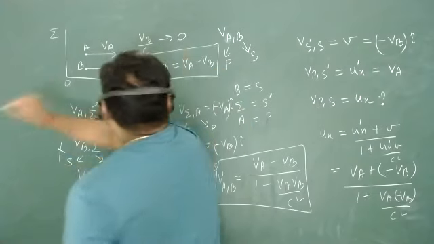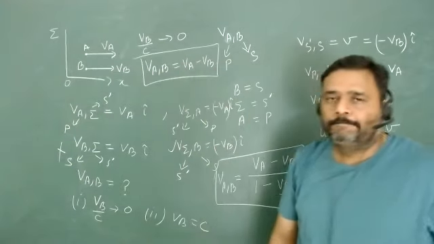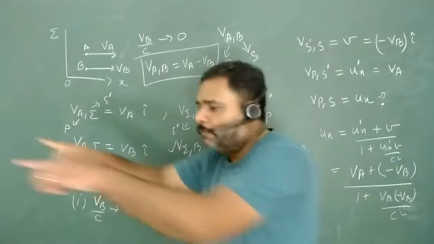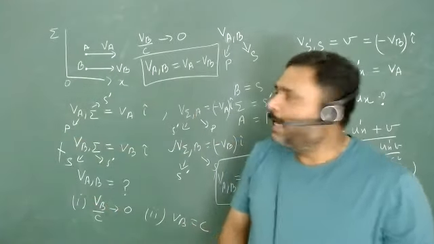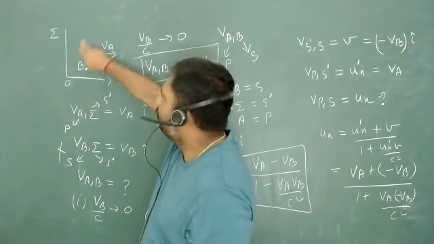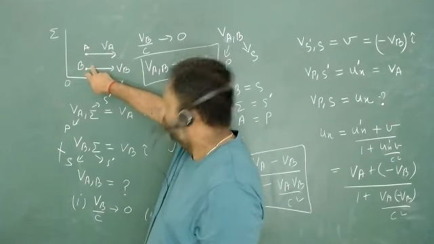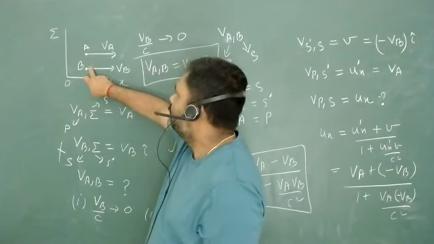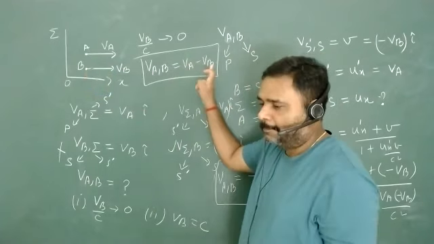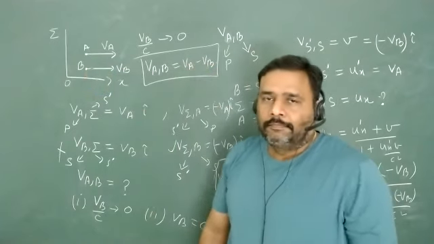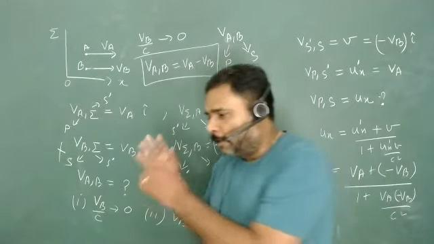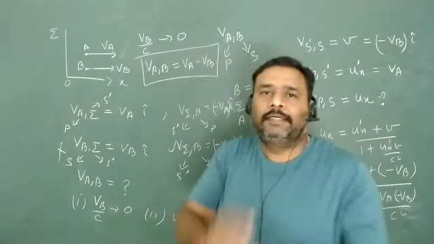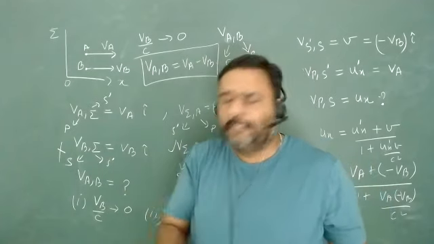Remember your Galilean transformation? If two trains are moving in the same direction with respect to the platform, and if you are watching this train with respect to this one, then the answer will be this one, right? When two trains are moving in the same direction, the observer from one train will always see that the other train is moving slower.